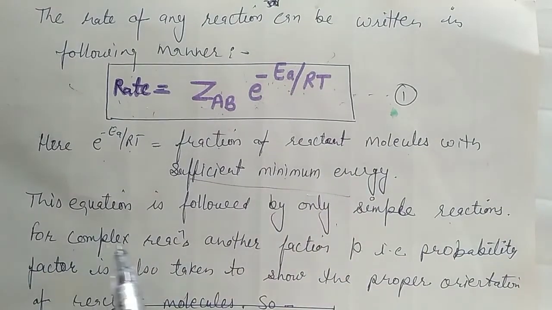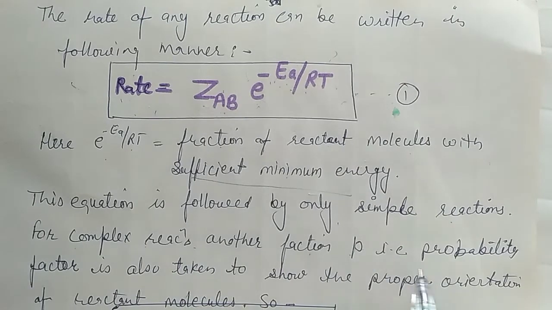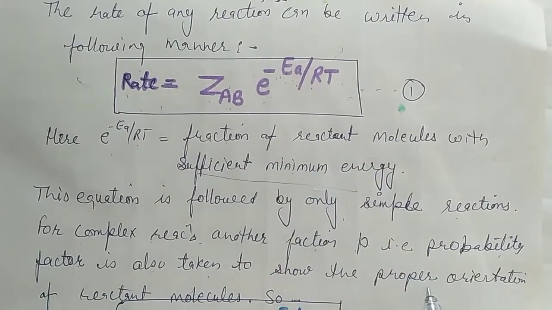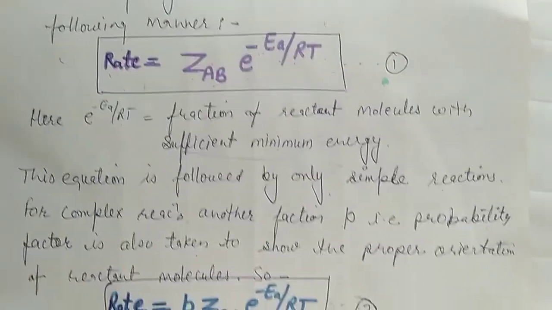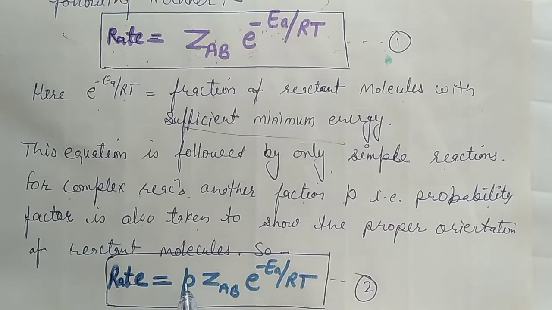So for complex reactions, another fraction P, that is the probability factor, is also taken to show the proper orientation of reactant molecules. So rate will be equal to P ZAB e to the power minus EA upon RT. This P is the orientation factor, or we can say orientation barrier, and the exponential term is the energy barrier or energy factor.